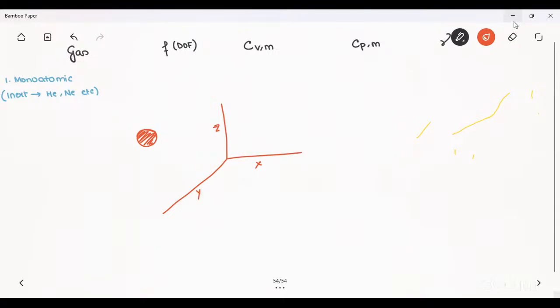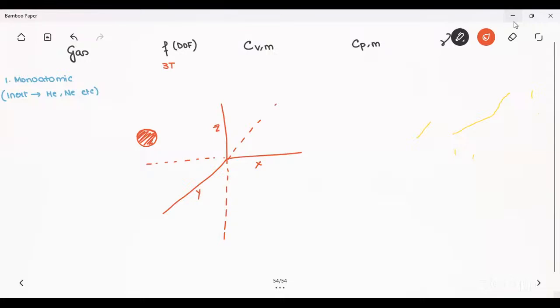It can move like this, like this, or like this. Is this part clear? So there can be three translatory motions.